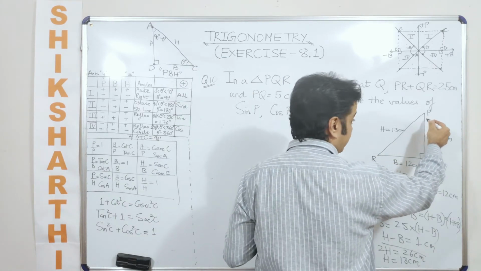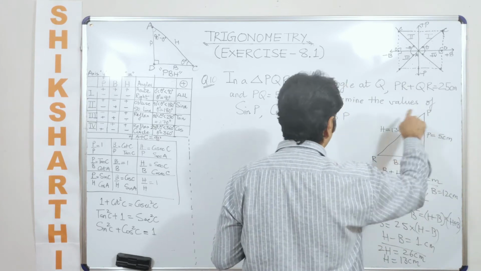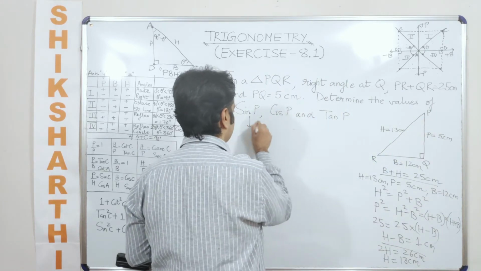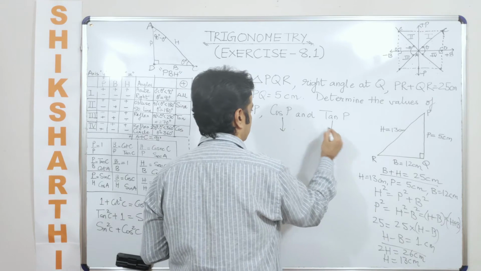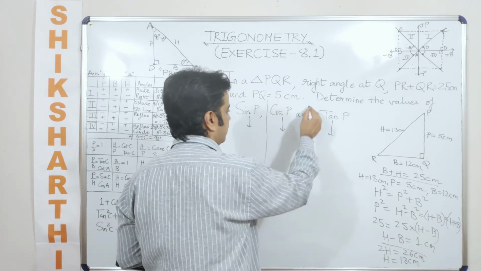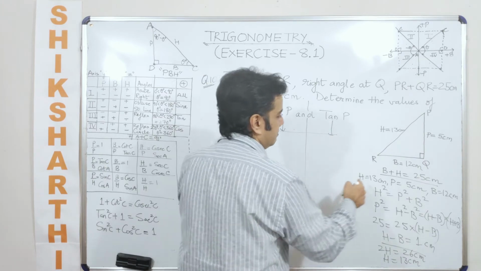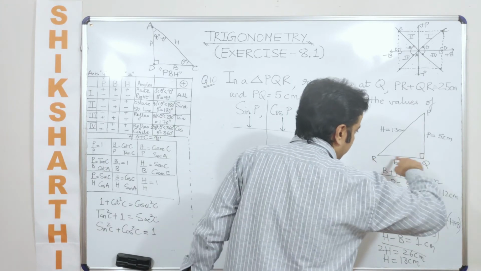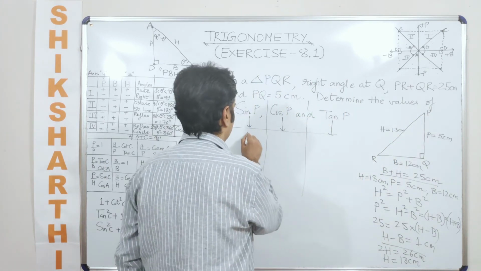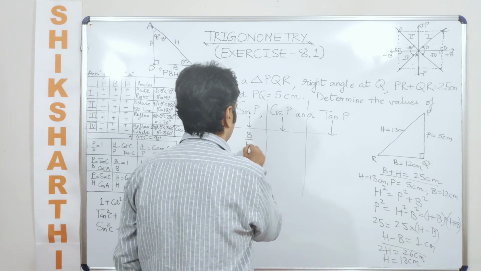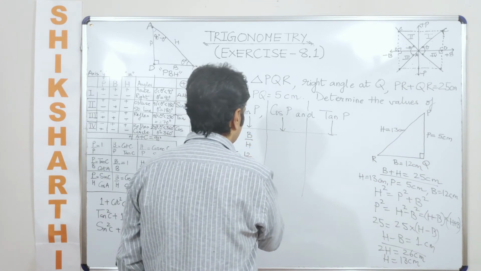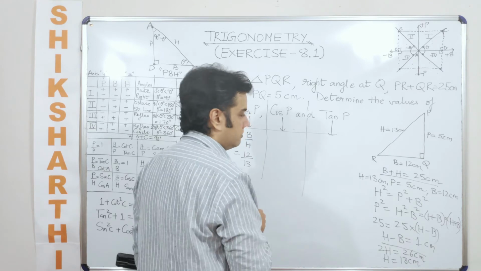Okay, now once you have these three values, we are saying sin P, we are not saying sin R. So if I have to calculate these three, these are the three things that we are supposed to calculate. What is the value of sin P? Sin P is perpendicular upon the hypotenuse. So this comes out to be 5 by 13, right?